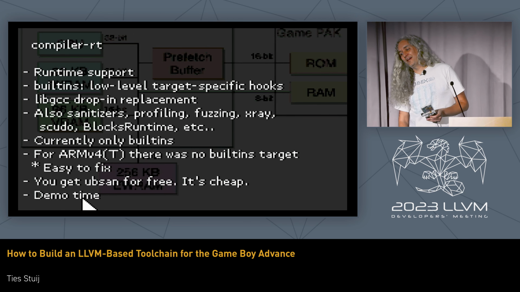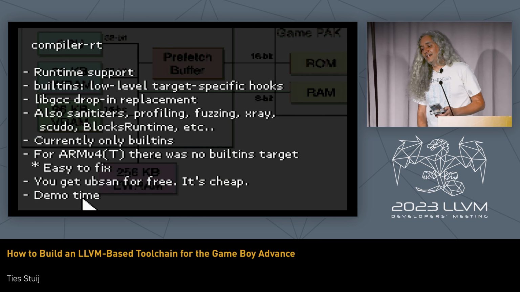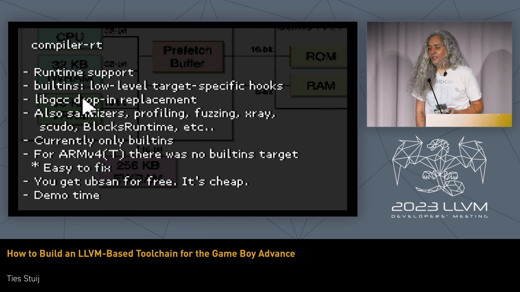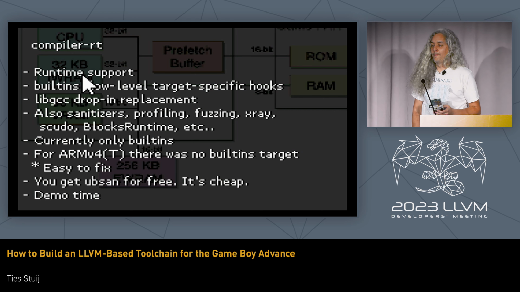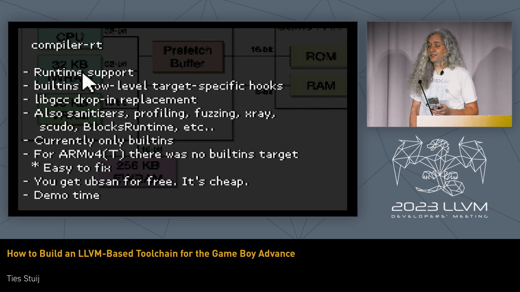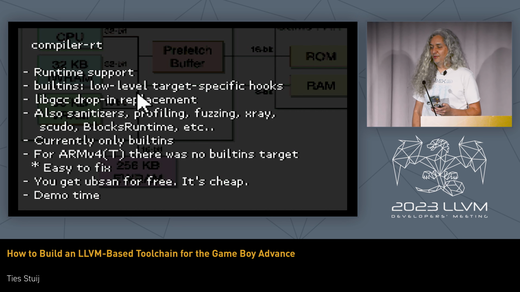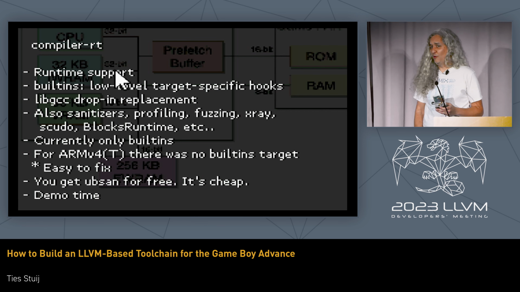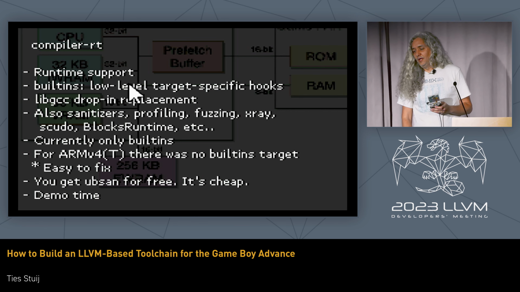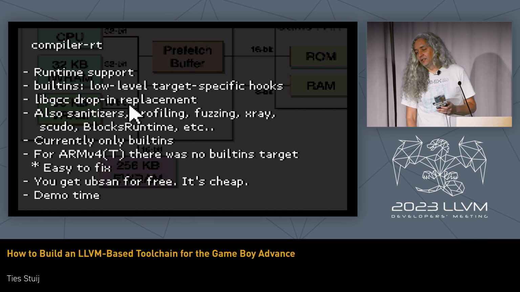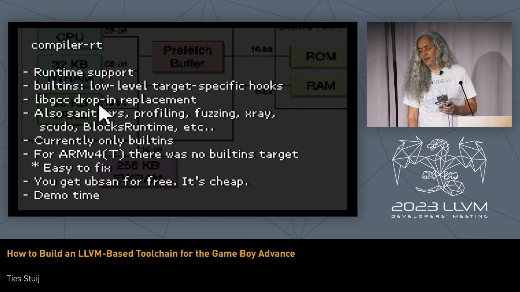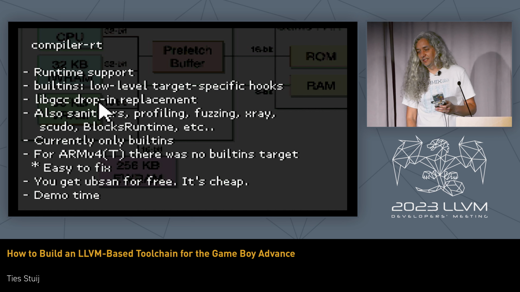Quickly moving on, compiler-RT. As I talked about a little bit before, we've got your runtime support. We've got our built-ins. We talked about that previously. I think we're hopefully somewhat clear about what that is. It's meant to be a libgcc replacement, and it worked for me, basically.